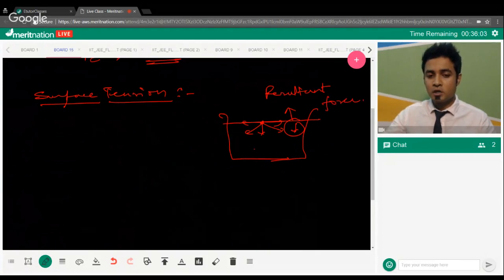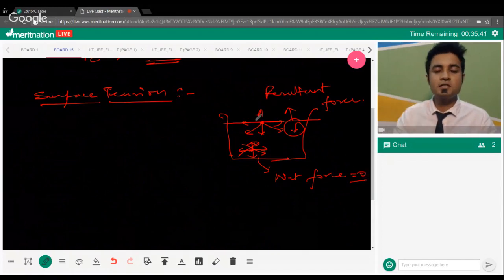But the molecule that is inside the water, in the bulk, is being attracted towards all the points, so the net force on this molecule would be zero. But this molecule at the surface is experiencing some inward resultant force, and still it is able to maintain here.